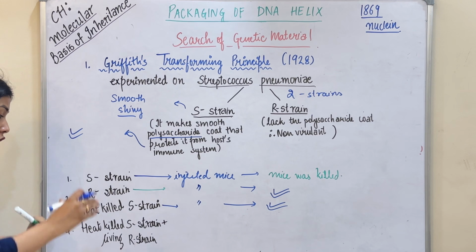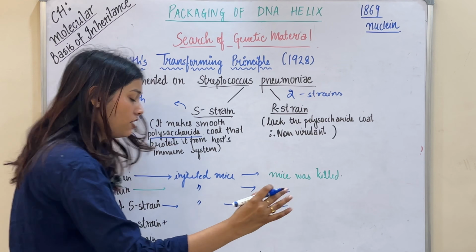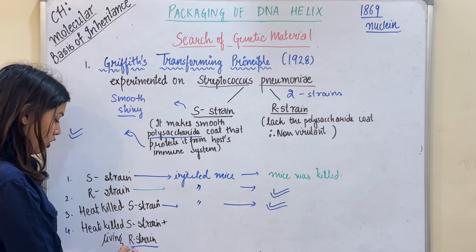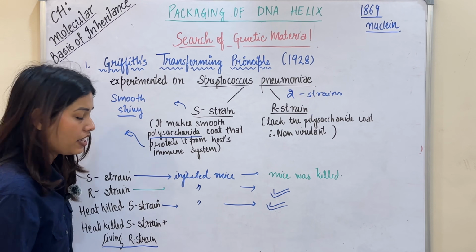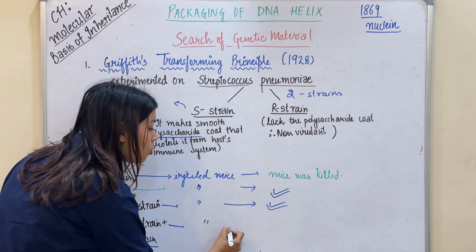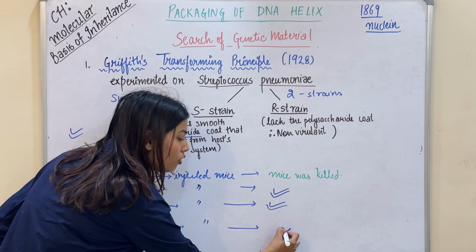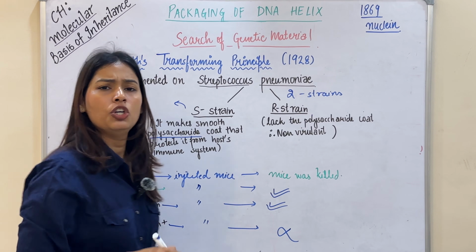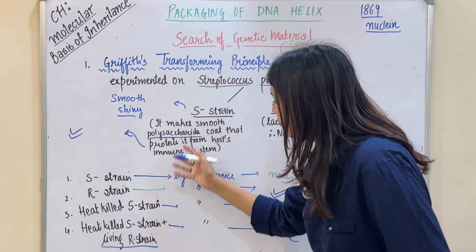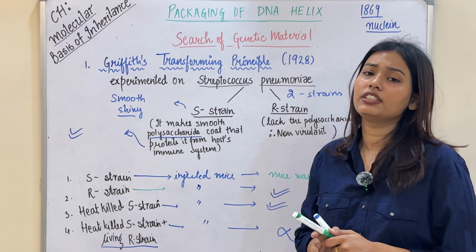After that, along with the heat killed S strain, he also injected a living R strain and he saw that the mice were not able to survive. So from these different conditions, what was the conclusion?